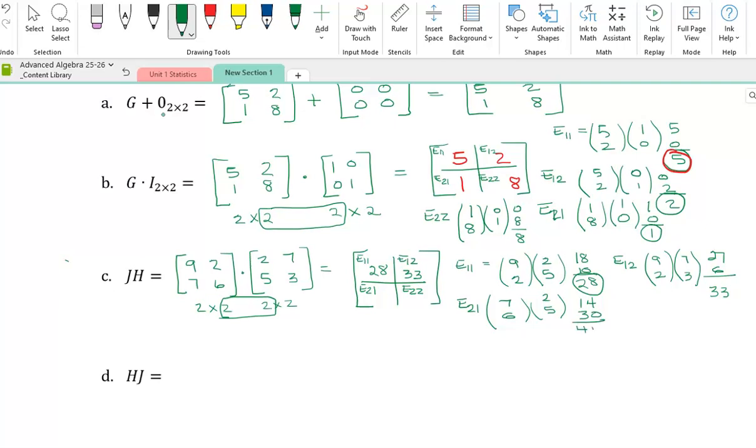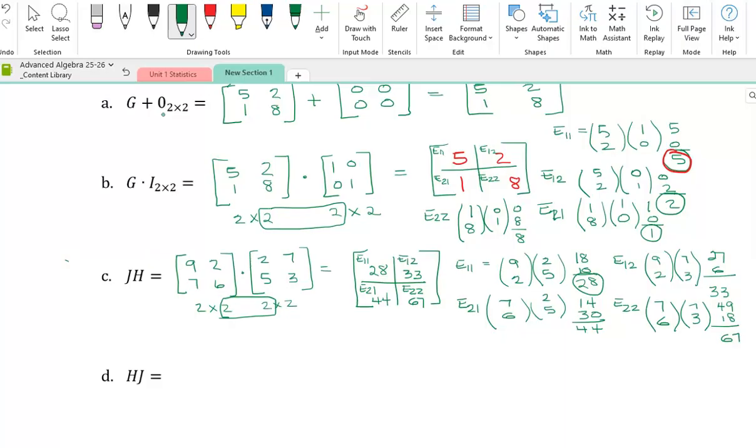Add them up, you get 44. That goes here. And the last one, E22. Row 2 is 7, 6. Column 2 is 7, 3. You get 49 and 18, which is 67. Goes here. Okay, and that's the answer to C.